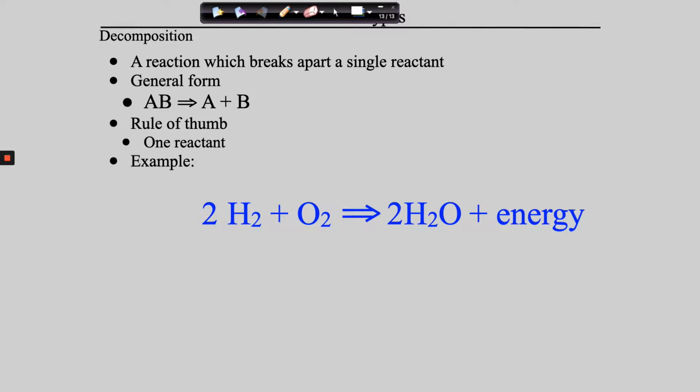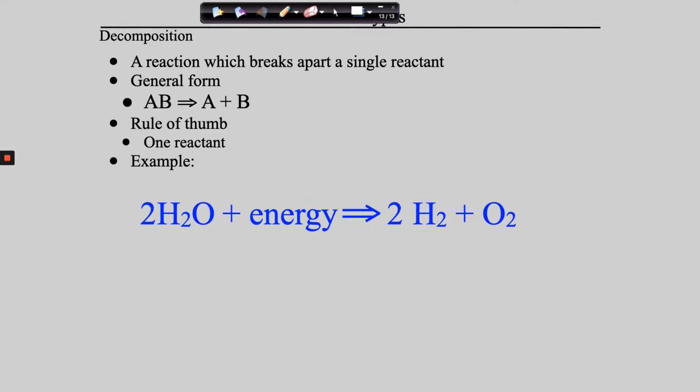What kind of reaction is that? Synthesis. But don't look away. Watch this. If this is a synthesis reaction, now it's decomposition. They're literally opposites of each other. Now you can write this down.